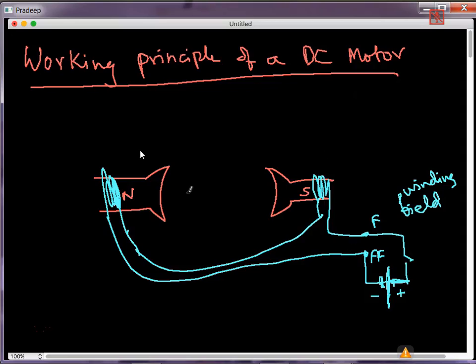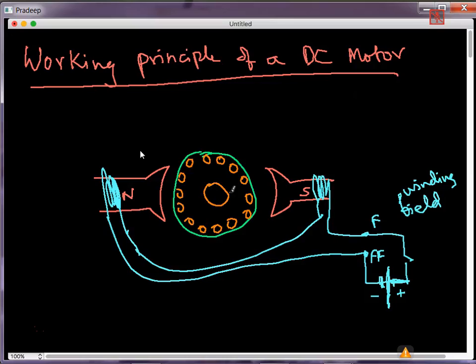Now inside there is an armature, and there are armature conductors, and these conductors are connected to a brush. So not exactly, it will be like this.